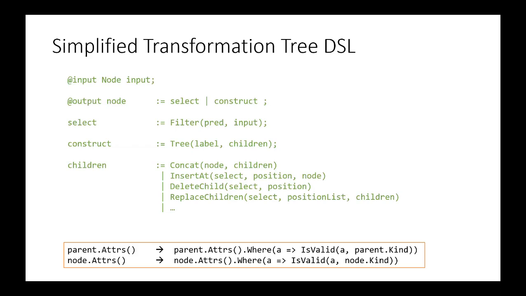For example, you can say I construct an AST tree with a particular kind of node with some children. And the children can be constructed by inserting a child into some other set of children in the input, or you delete a child from some other list of children in the input, and so on.